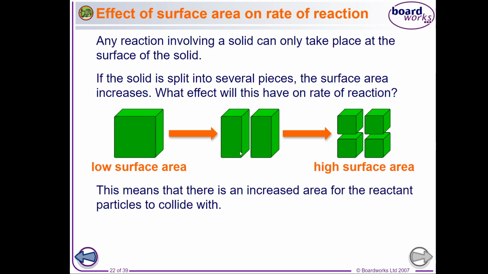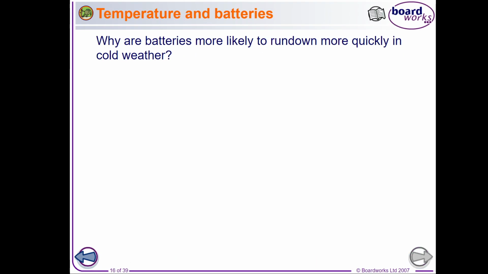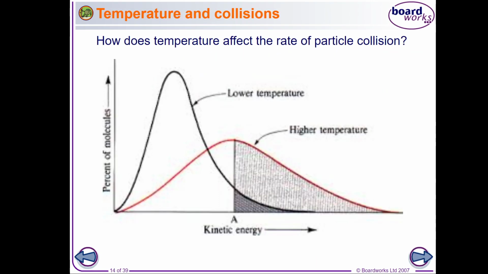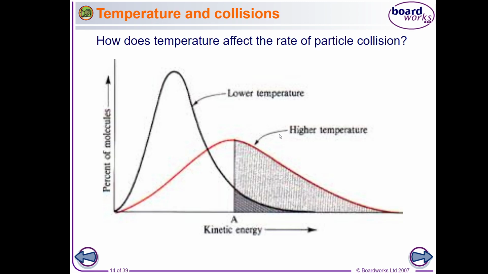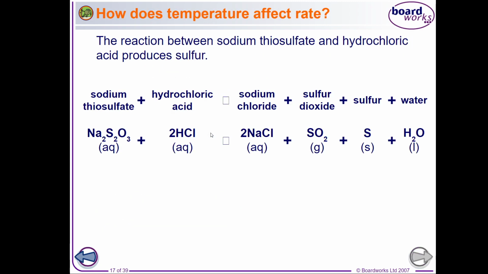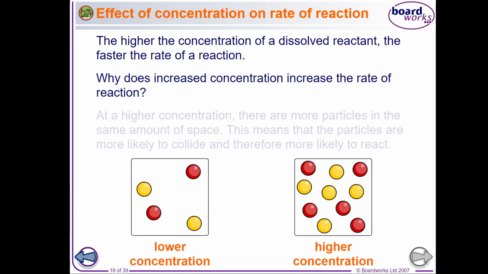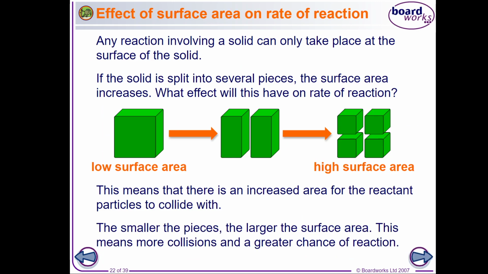To go back to our slide from before that had the Boltzmann distribution curve, instead of heating up a product, you'll actually just move A to the left, and that'll essentially make your reaction quicker and faster.